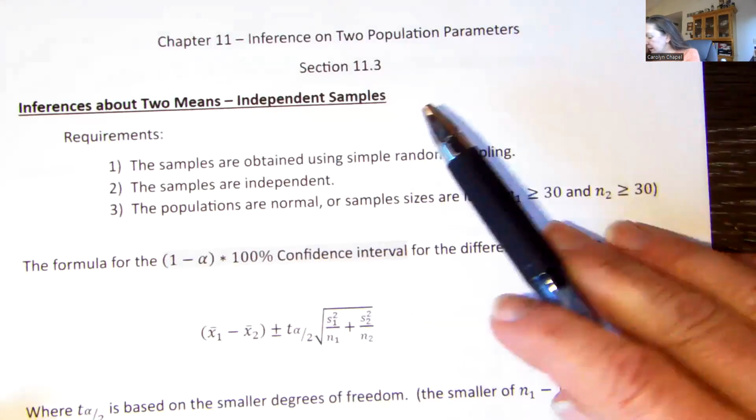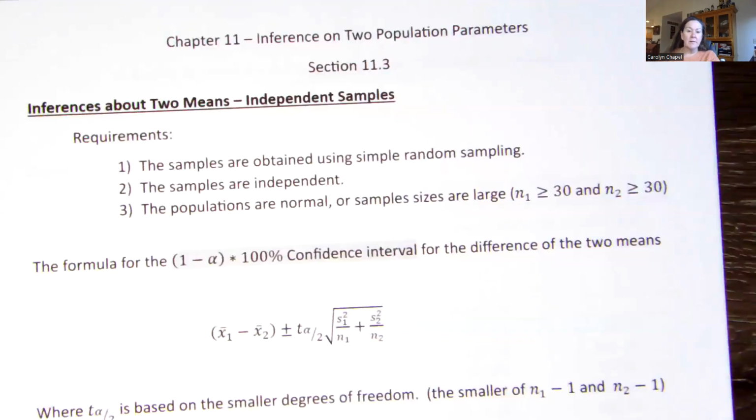We are going to be looking at the inferences of two means, independent samples, which means we need to have the following situations. First of all, as always, the samples have to be obtained using simple random sampling. We want to make sure that these samples were done in a best practices kind of situation.